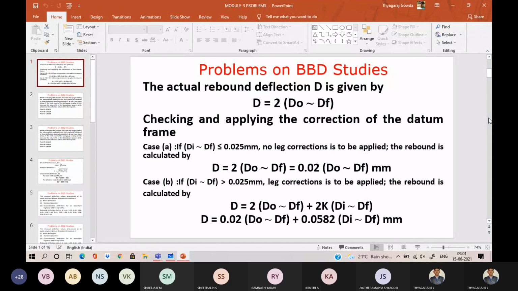As we all know, if DI minus DF is less than 0.025 mm, no lag correction is required. If DI minus DF is greater than 0.025 mm, then we require this lag correction.